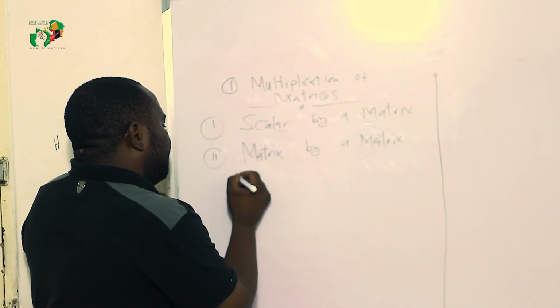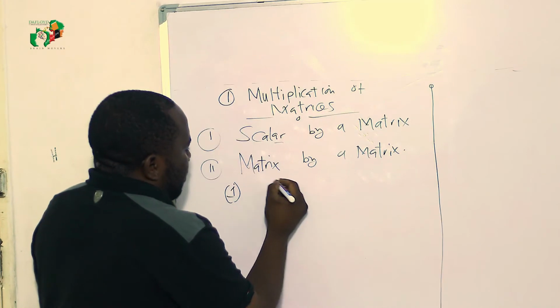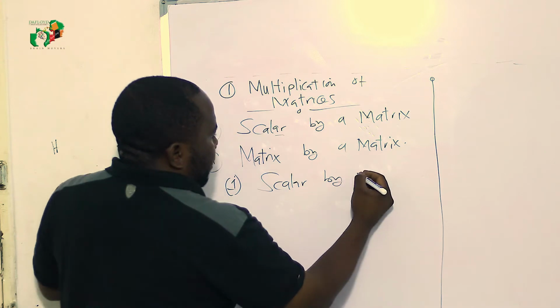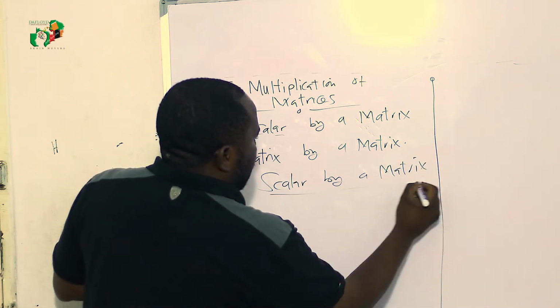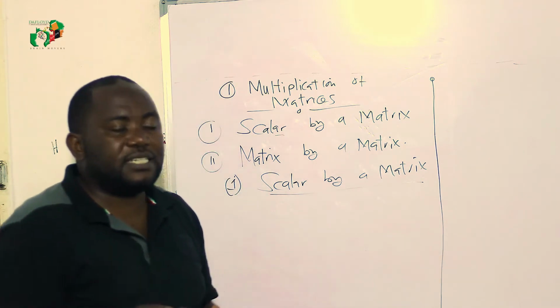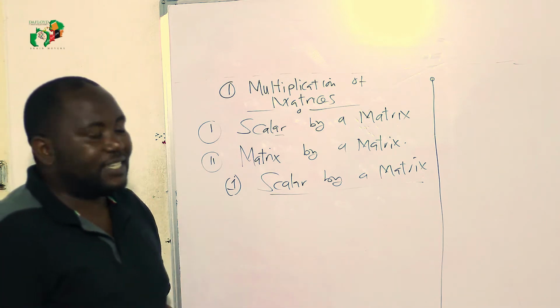Number one, scalar by a matrix. The first thing we need to know is, what is a scalar quantity? A scalar quantity is just a number, it's a constant.